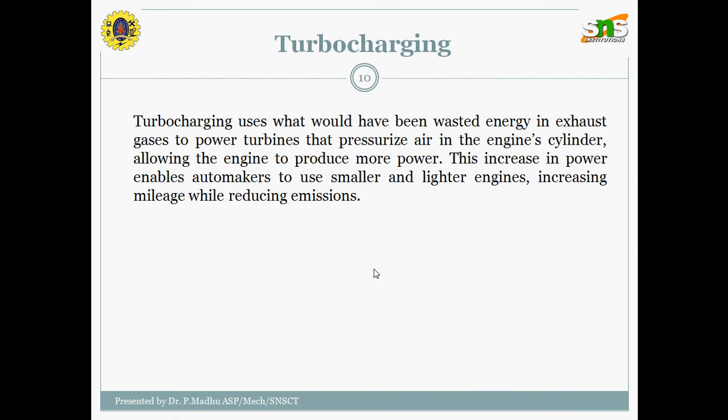That heat energy is allowed into the turbine, where the turbine will produce some amount of energy and pressurized air. This increase in power enables automakers to use smaller and lighter engines, increasing mileage while reducing the emissions.